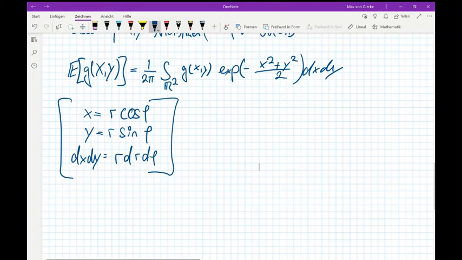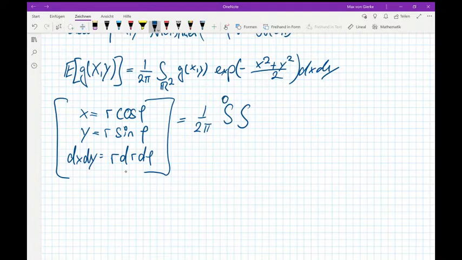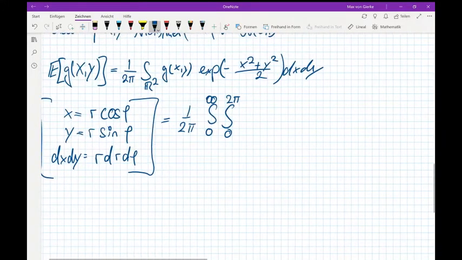Okay, so what do we have now? This stays the same. If you do transformations, be careful about the integral boundaries. In this case, it's these two. You can check that if you want to.